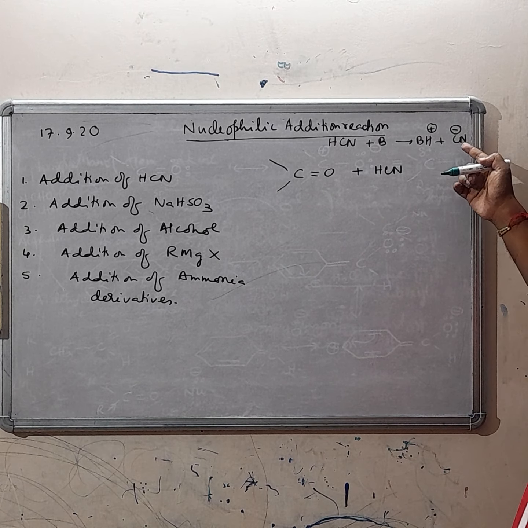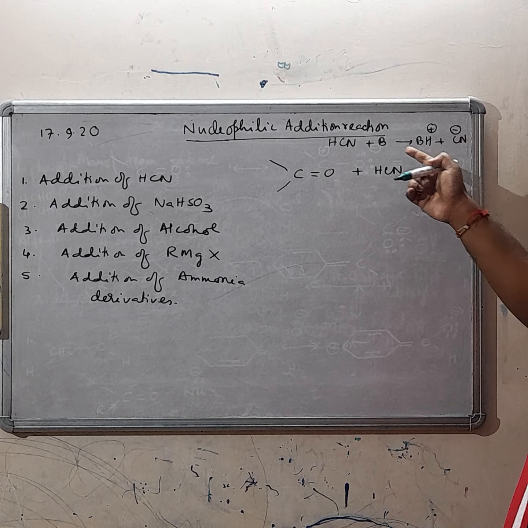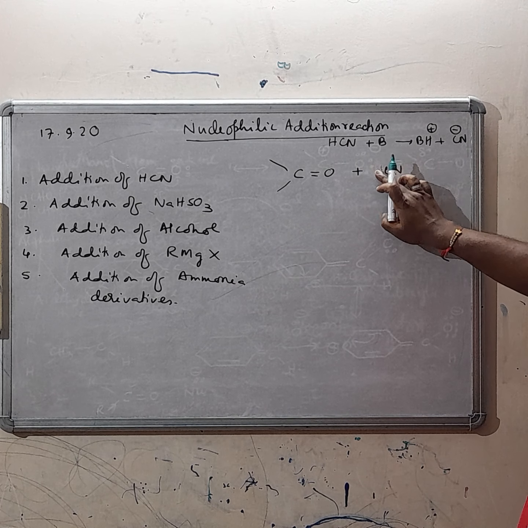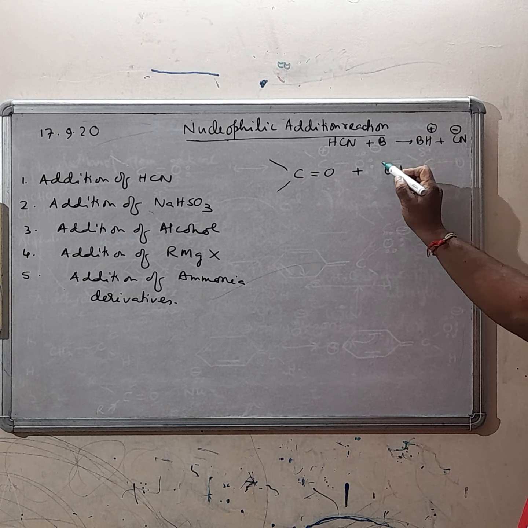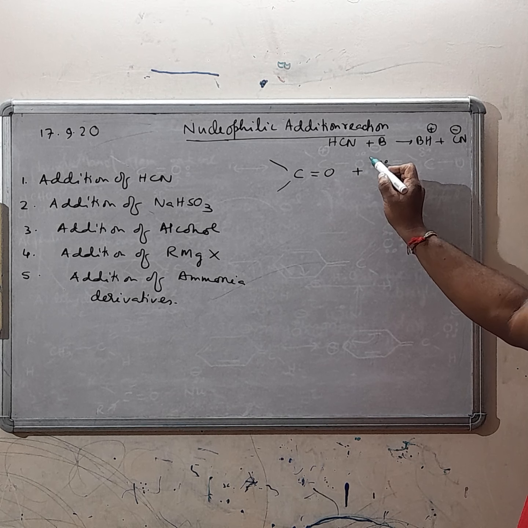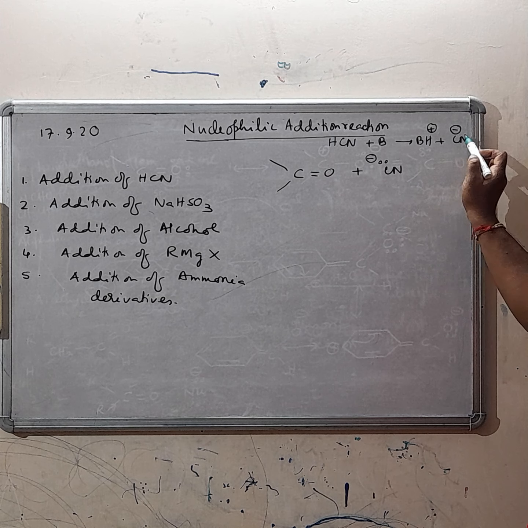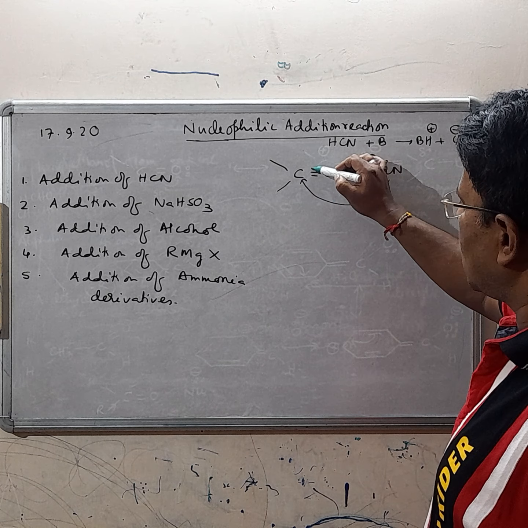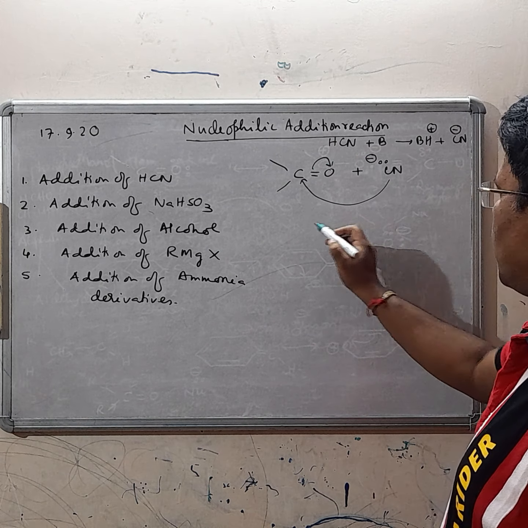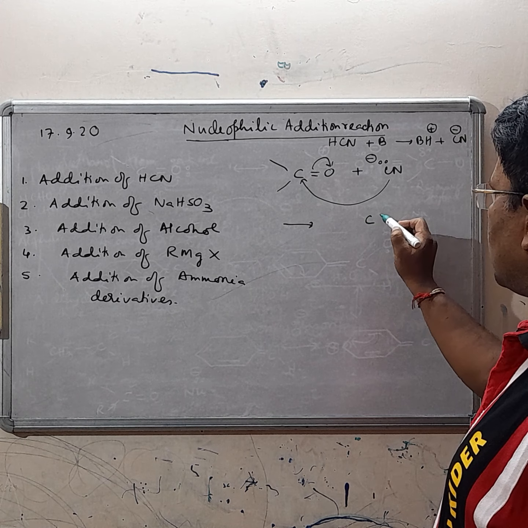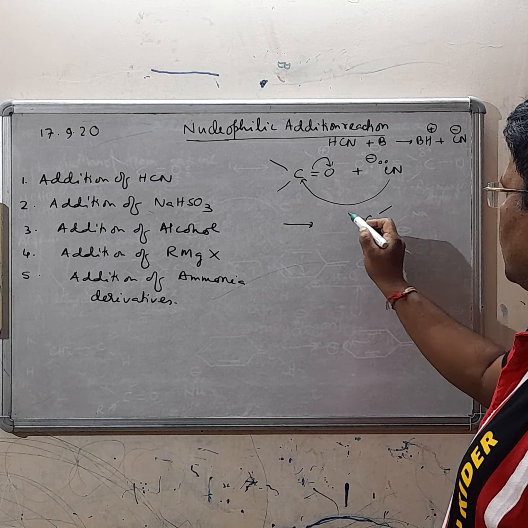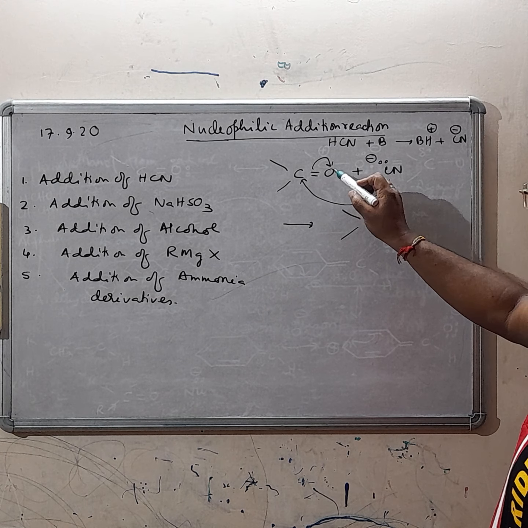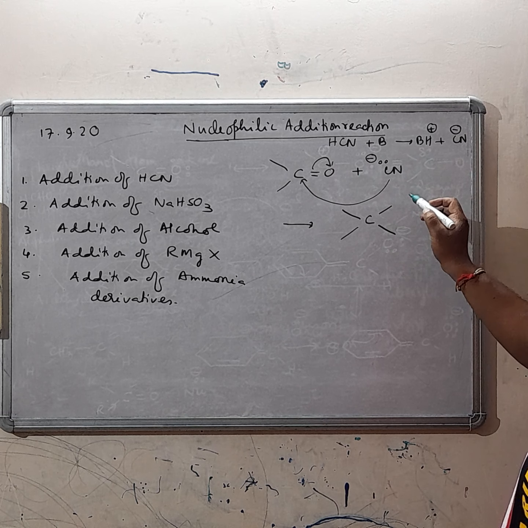So the nucleophile is generated by the base, and after that this nucleophile attacks at this place, and simultaneously this goes here, and it becomes O minus.